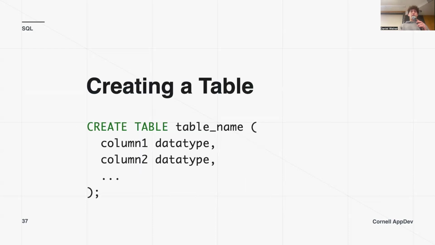So how do we actually create a table? Well, the keyword for creating a table is very nicely CREATE TABLE. You would just write CREATE TABLE in all caps. The all caps is important, it is case sensitive. Then you put in your table name, whatever it may be. Then you start putting in your columns: the column name, and then the data type after it.